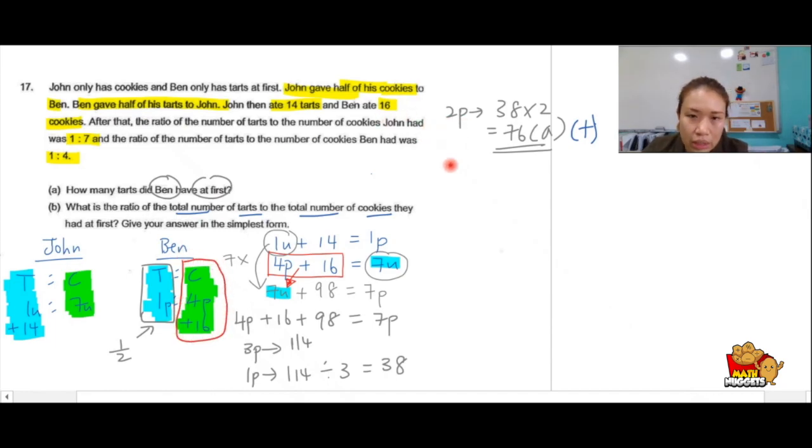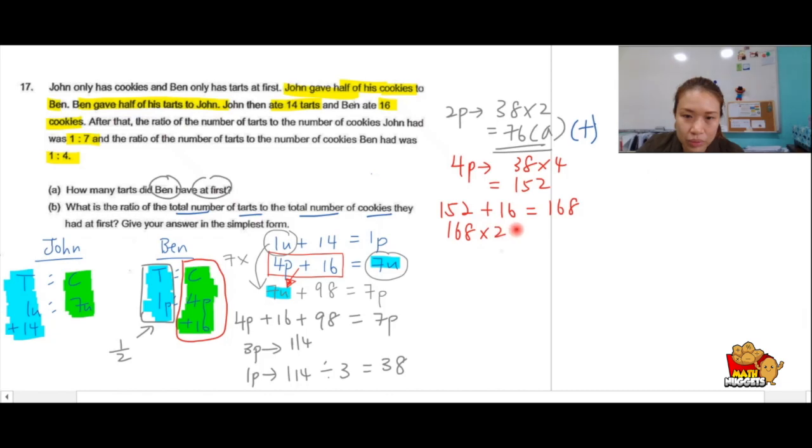Okay, so we're going to find 4 parts, which is 38 times 4, 152. Then we take 152 plus 16, 168, and this is what? This is half of it. So 168 times 2, total cookies would be 336.